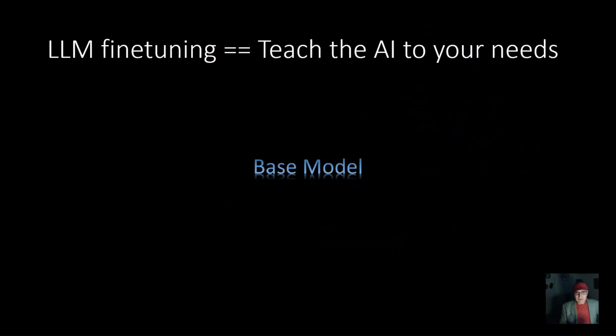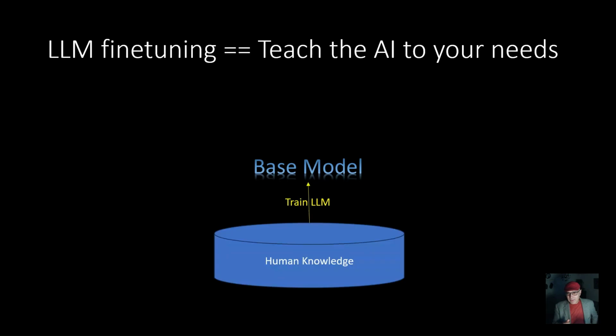So, just context. You got your base model. The way that all the different companies like OpenAI got to the base model, they took all the knowledge that they could put their hands on, spent a lot of money and a lot of compute on training the large language models. That's where we get our base models from.